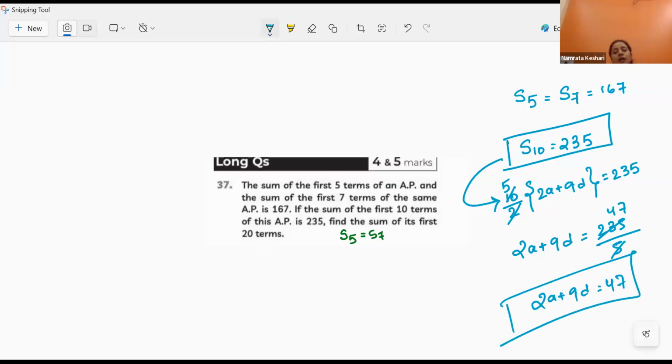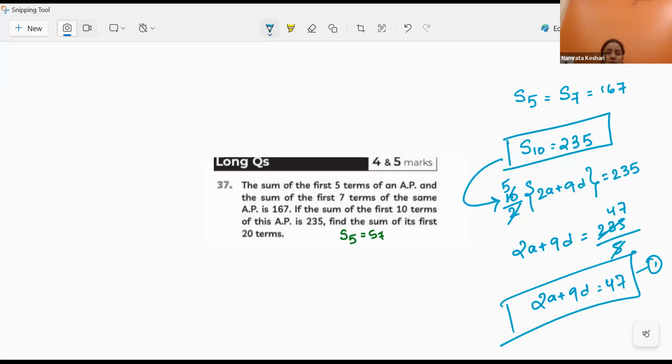So one equation we have in hand. Now, if we can write one more equation, then we are done. We will be able to find the sum of first 20 terms. If we know what A is, what D is, we will be able to find whatever is asked here.